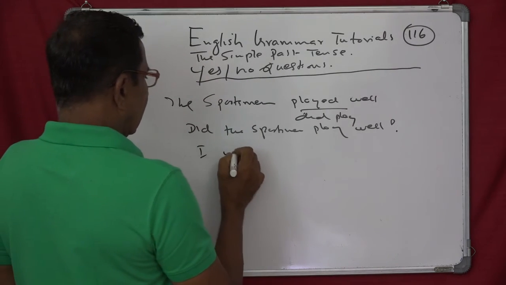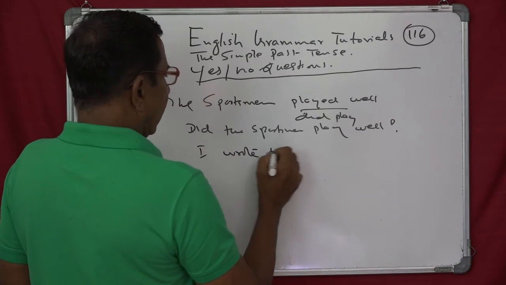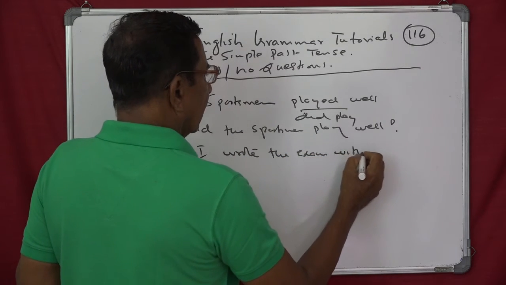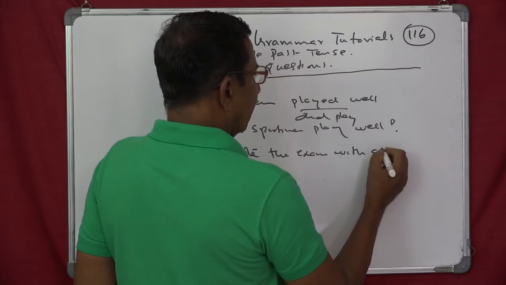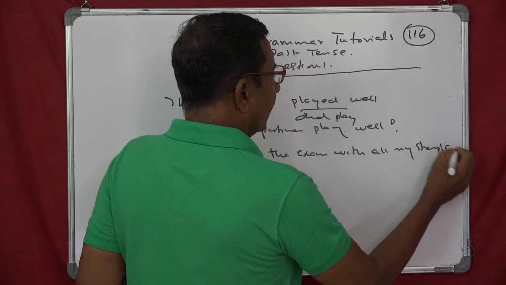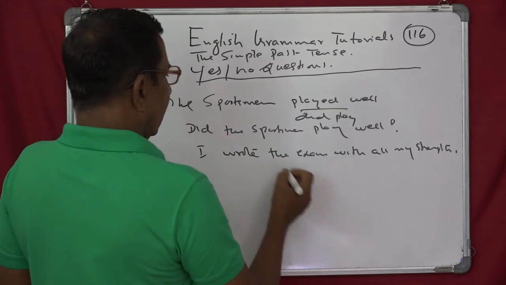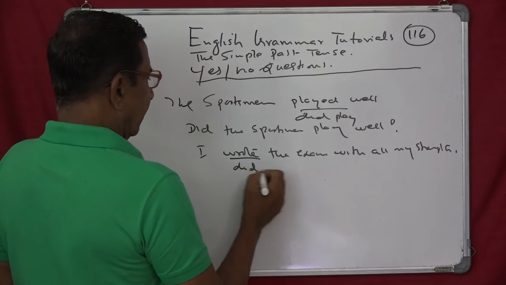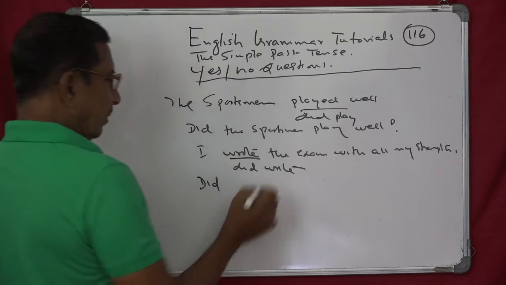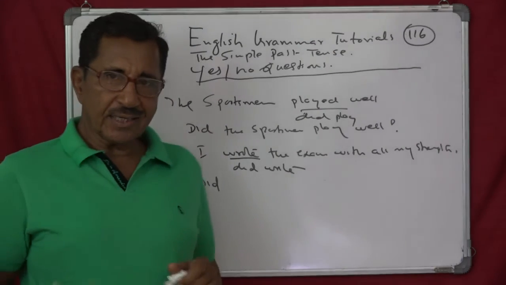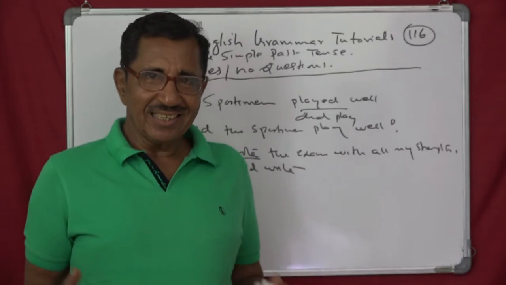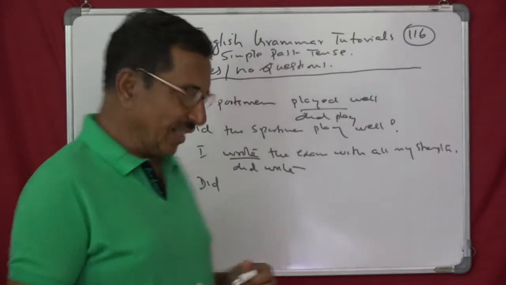I wrote the exam with all my strength. So for the question, wrote is did write. Then the question, did you? I will become you. Nobody will say did I, isn't it? You can also say it like that, but then that means something is wrong.